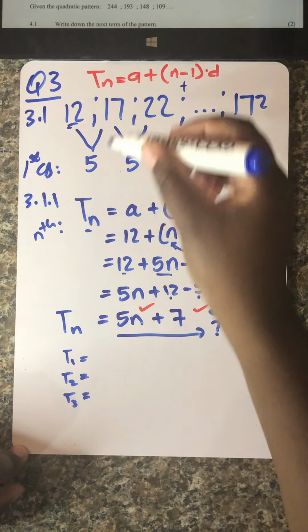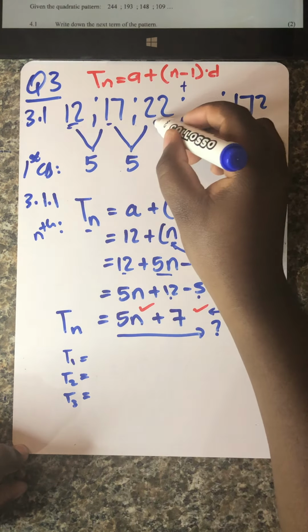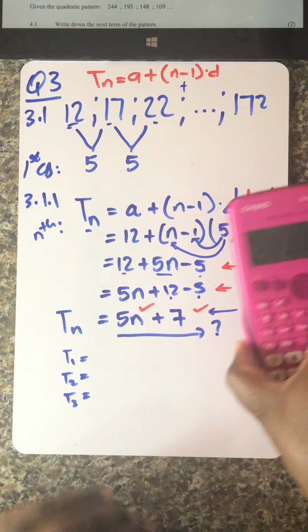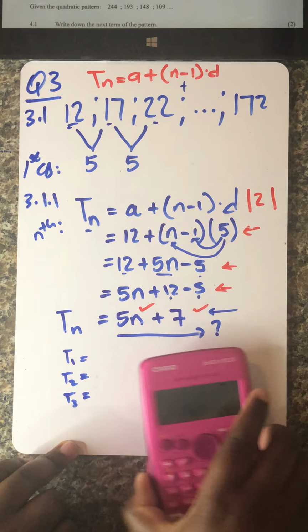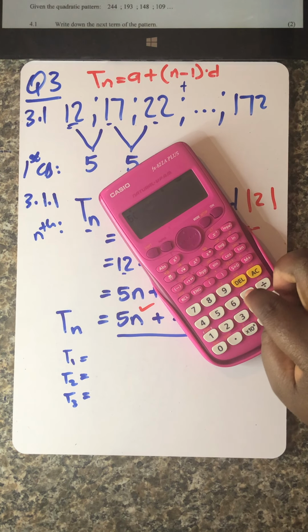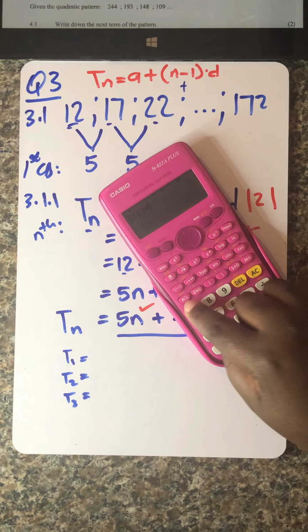Our T2 should be 17. Our T3 should be 22. So let's now try to check. You just take out your calculator, and then you punch 5 into n, where n is 1, you close, you plus 7.